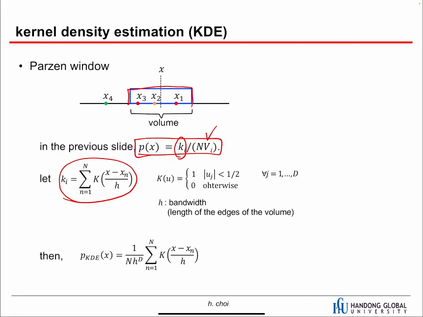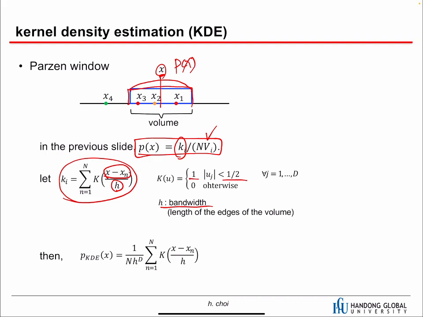So look at this one. We have x here, and we want to estimate the probability of x, p of x. We have to provide the bandwidth as a hyperparameter. If this is h, then we just check whether the absolute value of x minus x n, divided by h, is less than 1 over 2. Then it is 1.